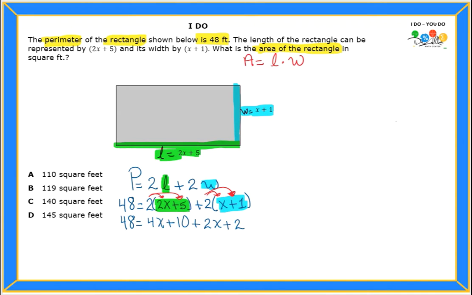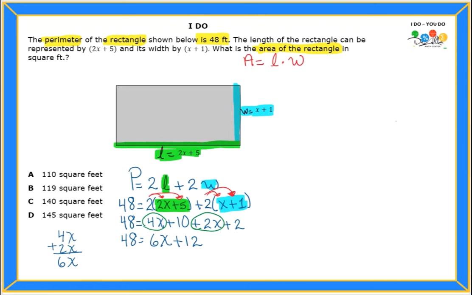So what do I do next? Well, I need to combine like terms. Remember, combining like terms means that they have to have the same variable, which they do, 4x and 2x. My 48, I'm still going to bring it down. I combine 4x plus 2x, and I get 6x. And 10 plus 2, I get a 12.